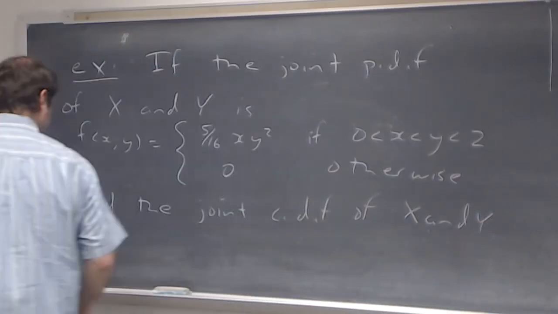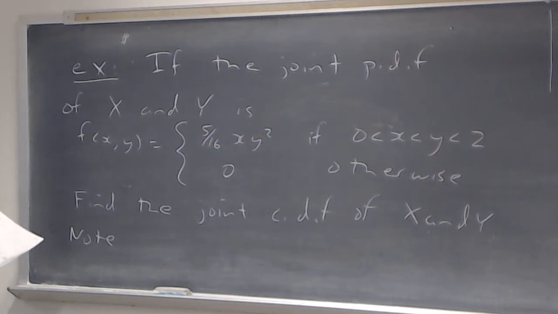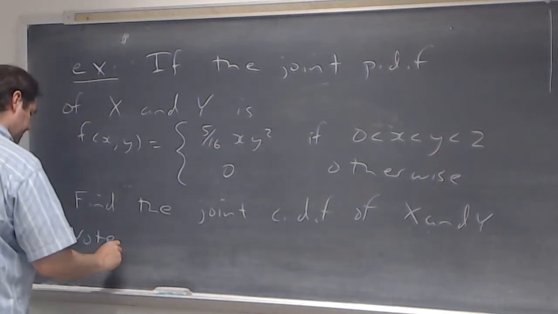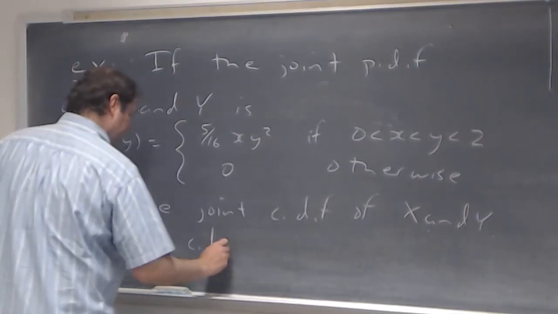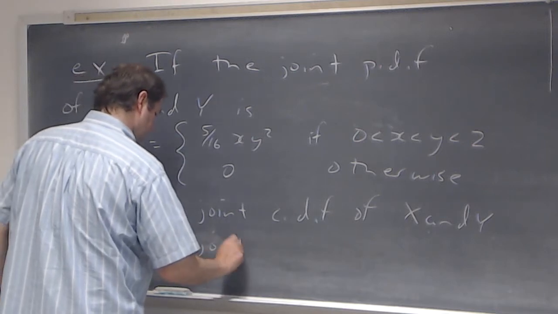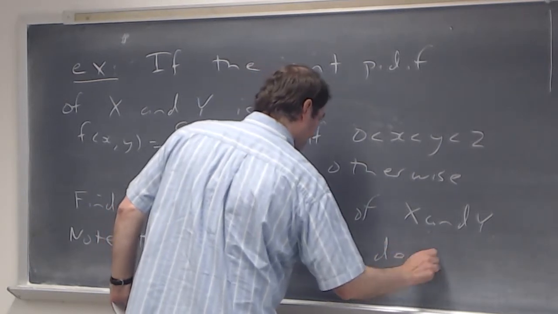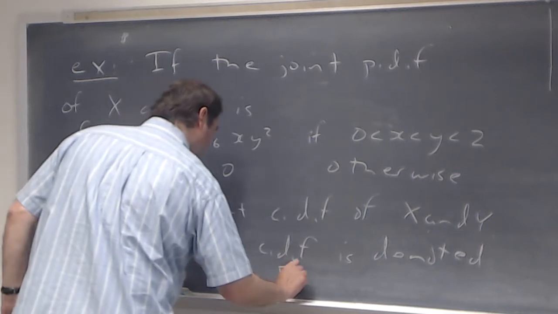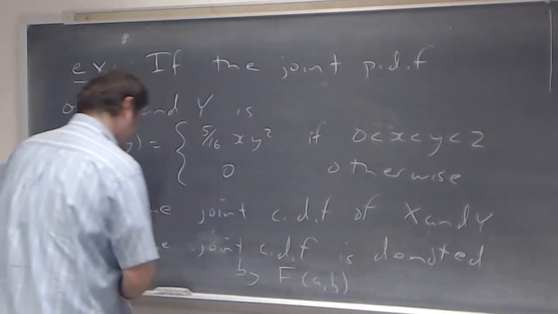In terms of the solution, here's what I'll start off with. Let's note the joint CDF is denoted by F of a comma b.